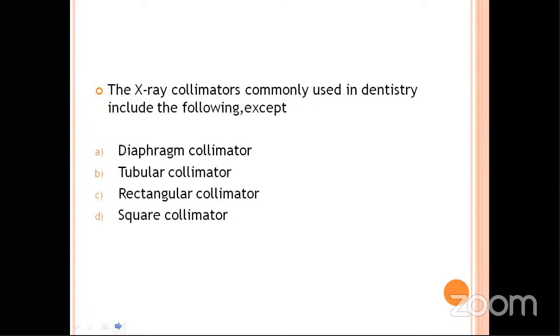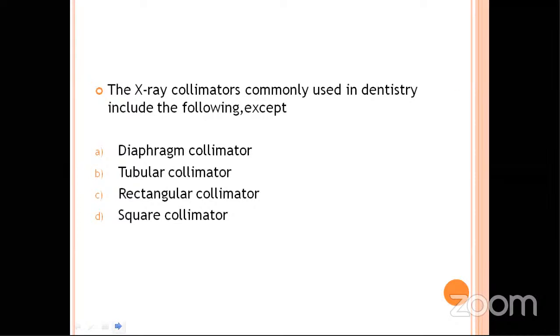The X-ray collimators commonly used in dentistry include the following except: the diaphragm collimator, tubular collimator, rectangular collimator, square collimator. The question is actually except. So the option is D, square collimator. The rectangular and the circular collimators are used in the IOPA, whereas the tubular is used in the OPG machines.